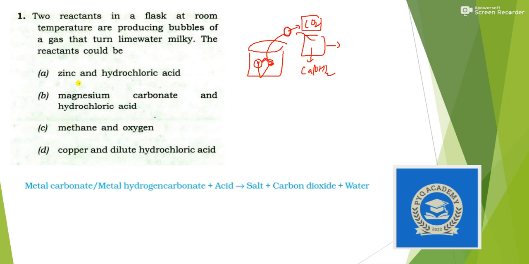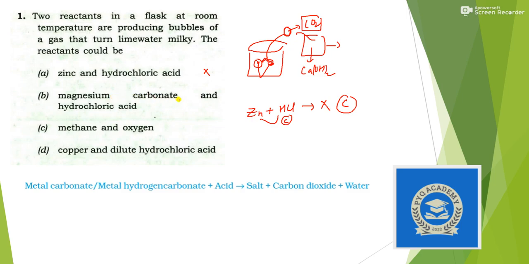In the first option, it is given zinc and HCl. Zinc is a metal and HCl is an acid. So when we add Zn plus HCl, there is no chance of CO2 because there is no involvement of a carbon atom. So this is wrong.